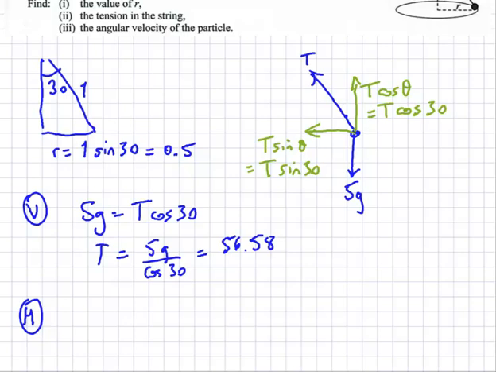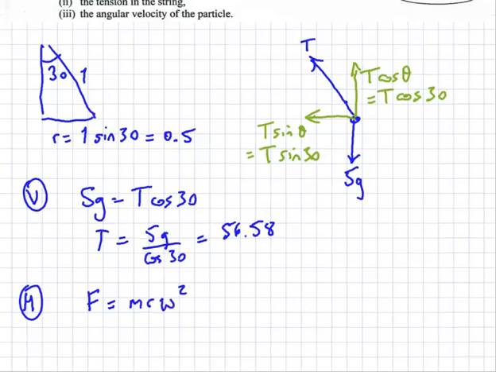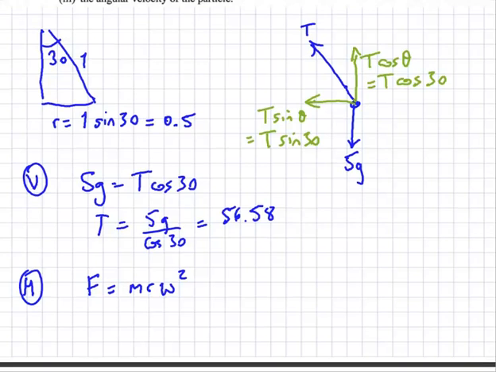That force moving in is the T sine theta, so using F equals m r omega squared, we have the tension multiplied by sine 30 must equal the mass times the radius times omega squared.